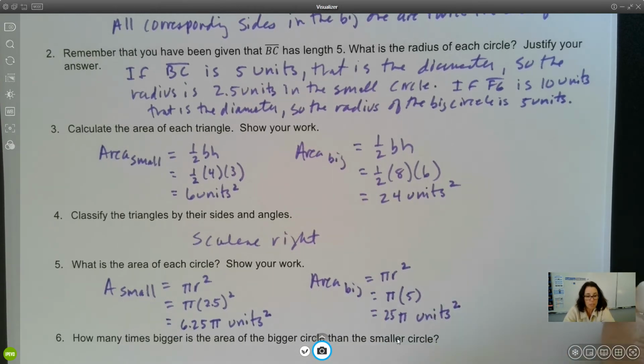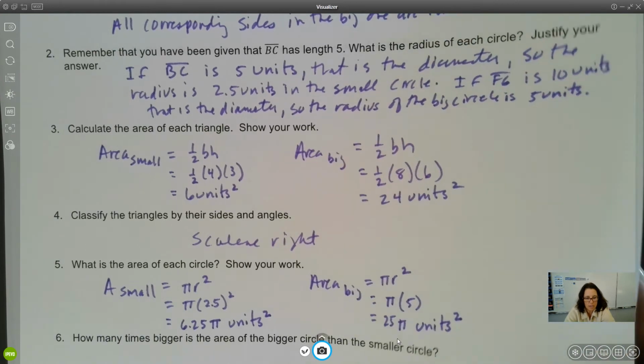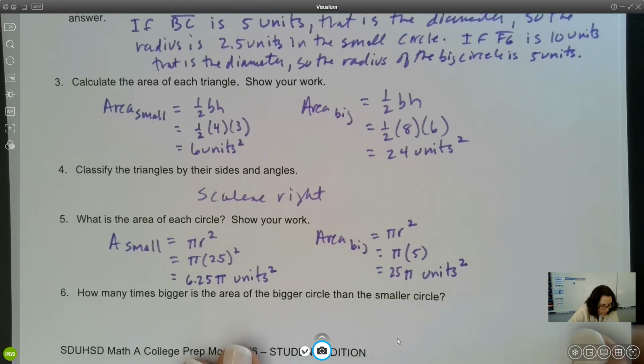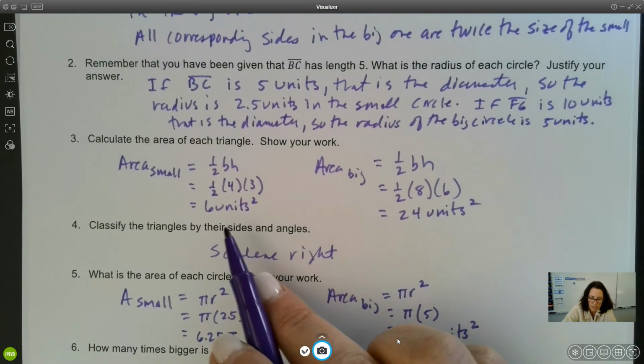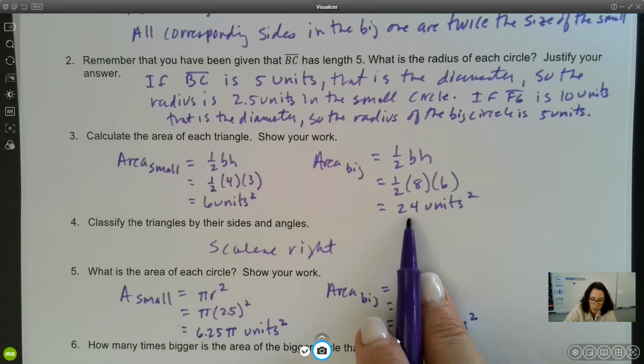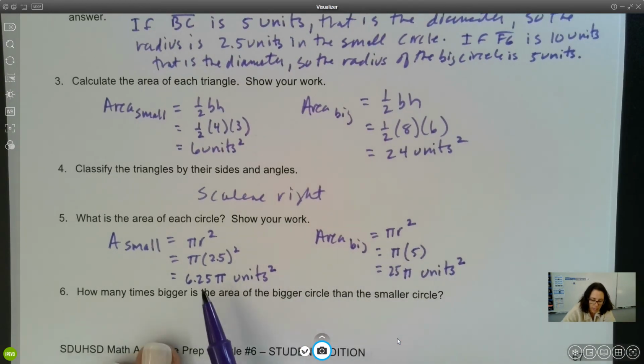How many times bigger is the area of the bigger circle than the smaller circle? So we can see here, the area of the triangle is 4 times as big, and then 6.25 times 4 should be 25.